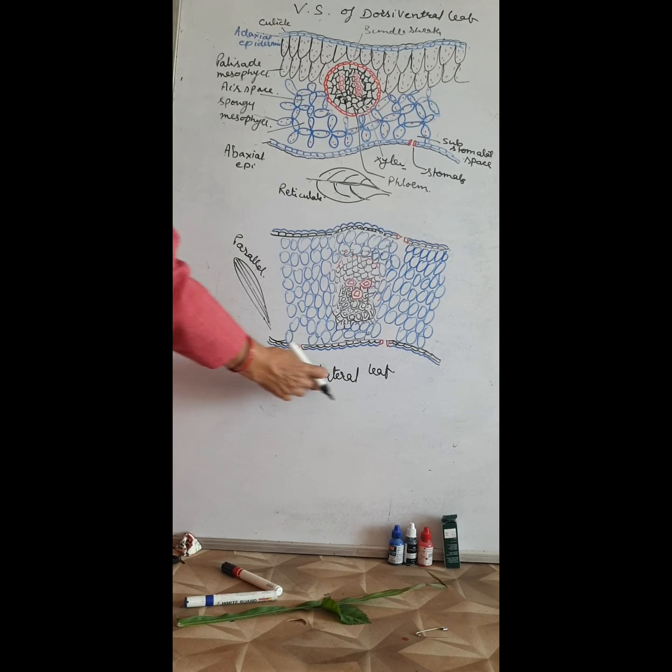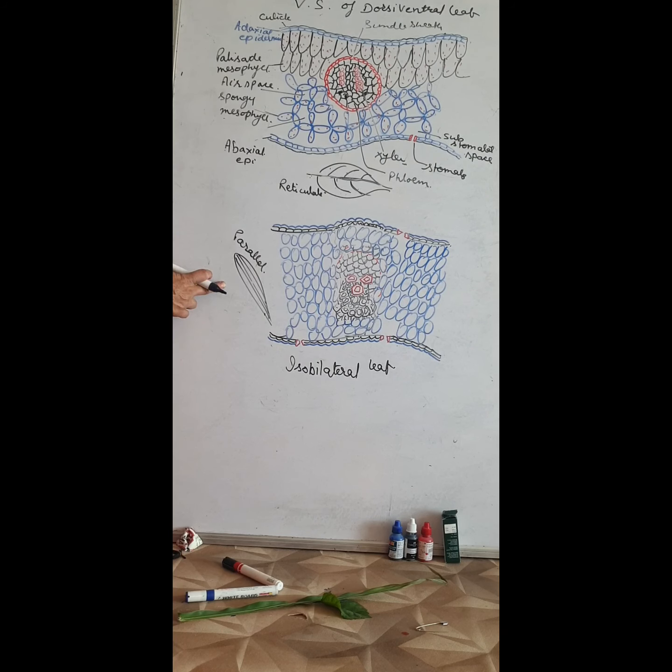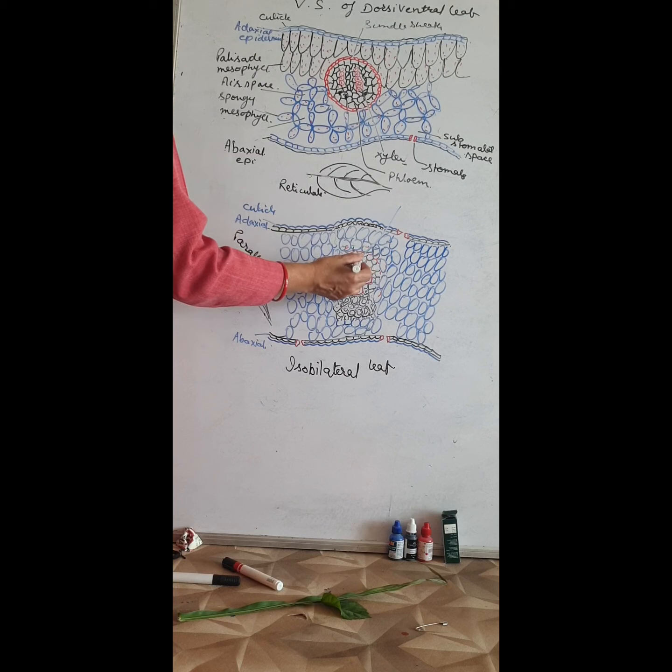Now we are going to start the structure of the isobilateral leaf or monocotyledon. The stomata are present on both surfaces, here on the abaxial surface and here on both surfaces. So some structures are similar. For example, the outer cuticle, adaxial epidermis, abaxial epidermis, and the vascular bundle, the phloem.